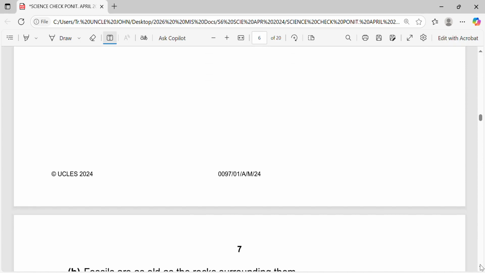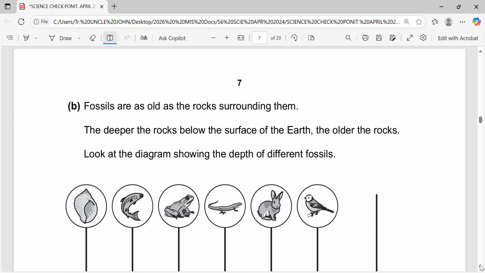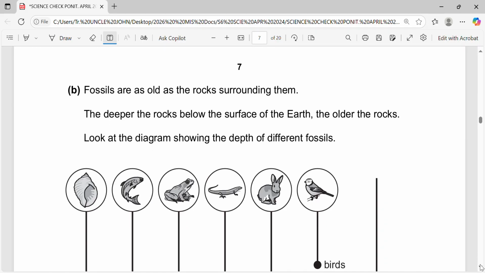Okay. Let's read then this B together. Fossils are as old as the rocks surrounding them. The deeper the rocks below the surface of the earth, the older the rocks. Look at the diagram showing the depth of different fossils.